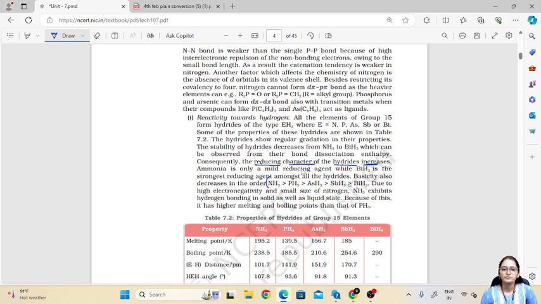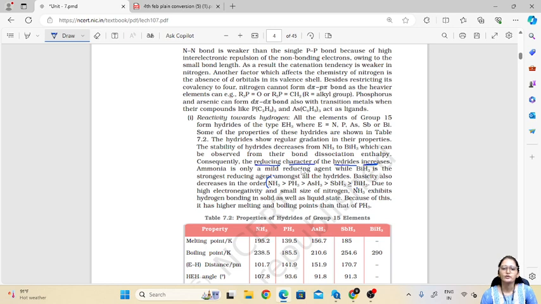Then basicity decreases down the group, whereas reducing character increases. That means NH3 is the most basic compound, and it decreases till BiH3, bismuth hydride.